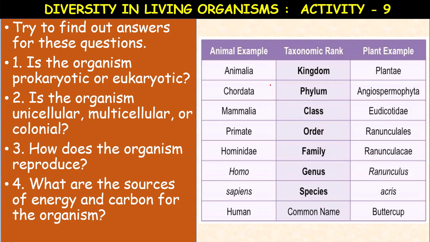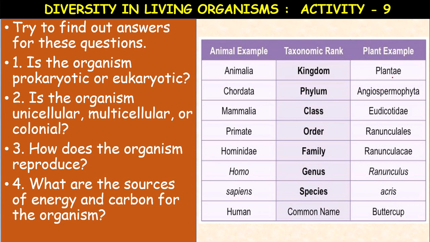So the human being belongs to kingdom Animalia, phylum Chordata, class Mammalia, order Primates, family Hominidae, genus Homo, and species sapiens. Common name humans.